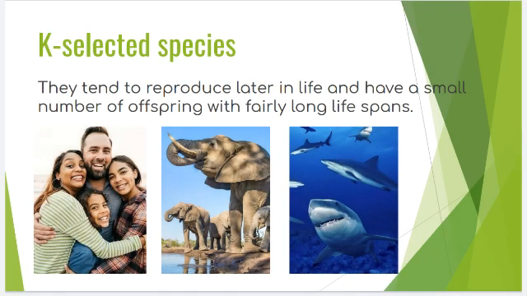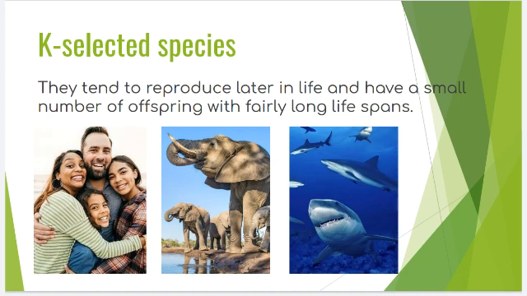Now, the K-selected species, they tend to reproduce later in life and have a small number of offspring with a fairly long lifespan. Now, the examples that are given on this are mostly mammals because mammals need a lot of time to prepare or they need to reach a certain age before they could bear a child or before they could produce an offspring.